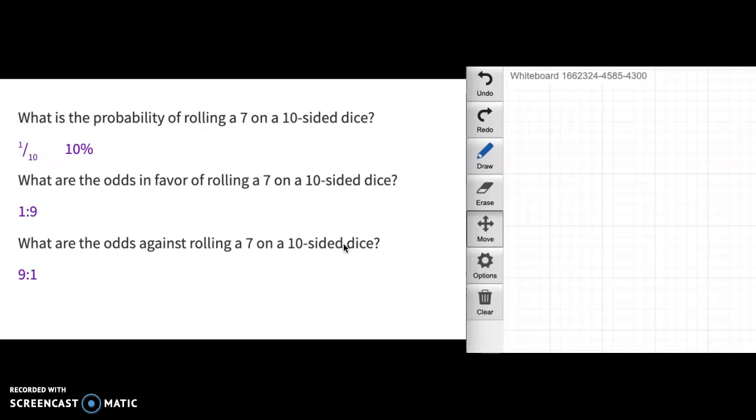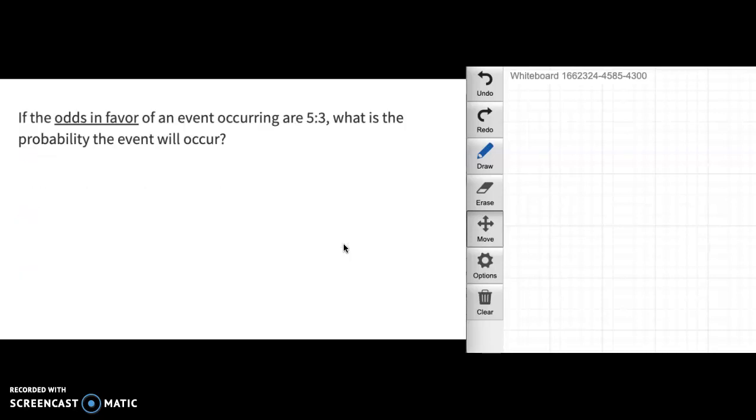And last, just a few more questions to get you thinking about these two. So if the odds in favor of an event occurring are 5 to 3, what is the probability the event will occur?